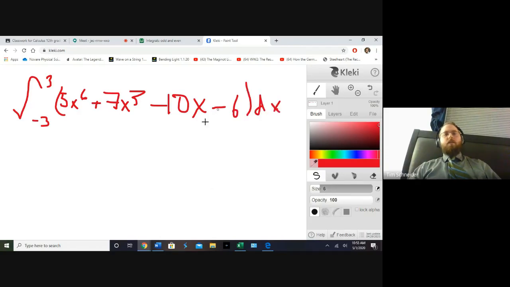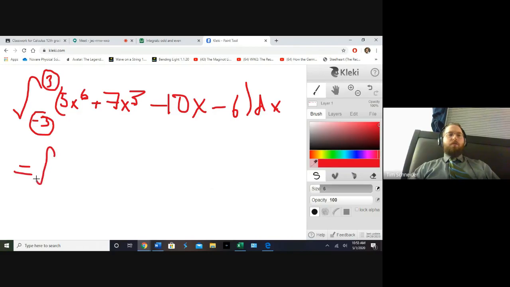Now, this already looks like a pain, and it is. But because we're going from -3 to 3, there is this trick that you can use. Let's split this up into 2 integrals. We can always do that when there's pluses and minuses. And let's gather all the odd pieces and all the even ones into separate things.